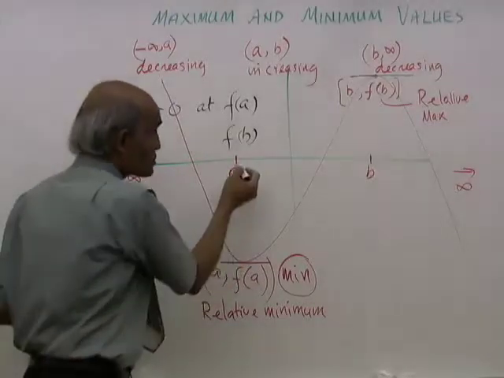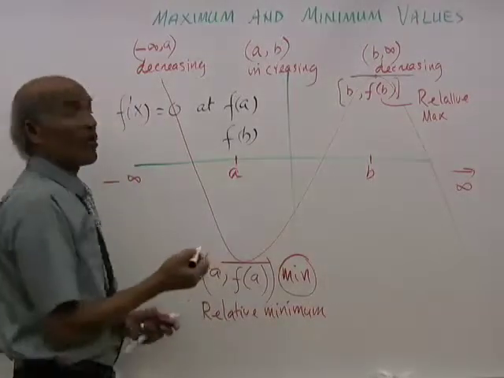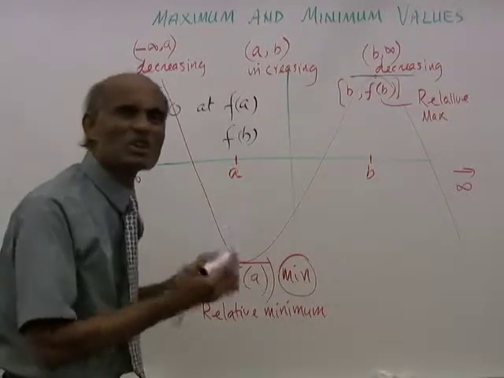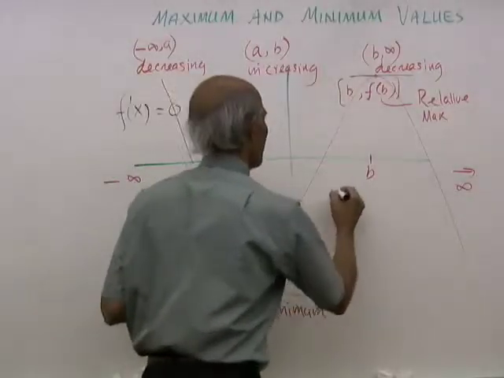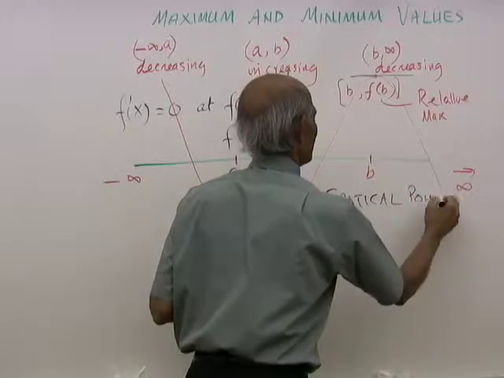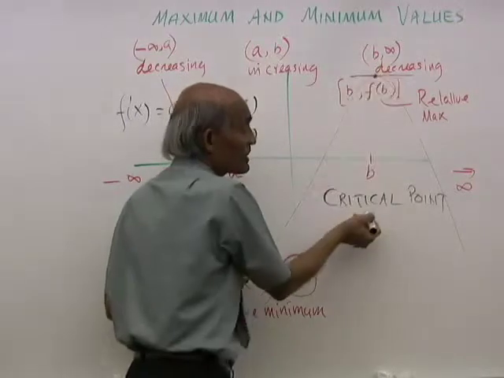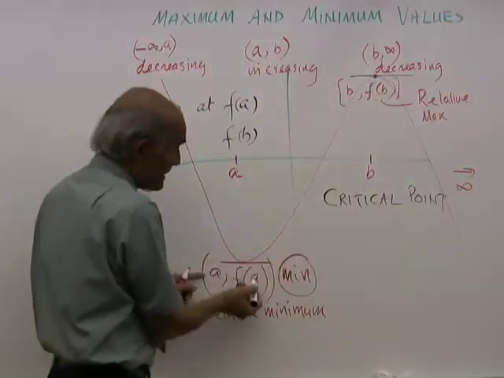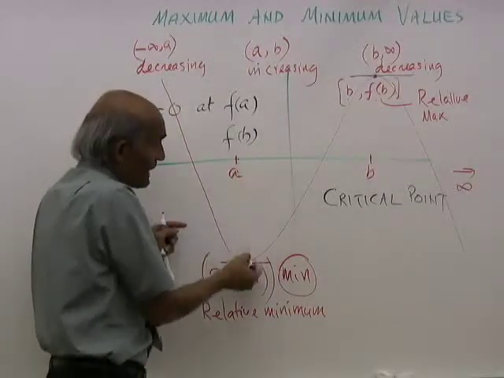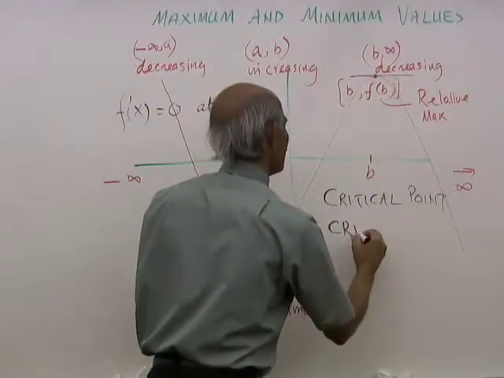Now, such a point where you get a relative maximum or a relative minimum where the derivative is 0 is called the critical point. So you can see b, f of b, this point is a critical point. a, f of a, this point is a critical point. And the value of x corresponding to that critical point is called the critical value.